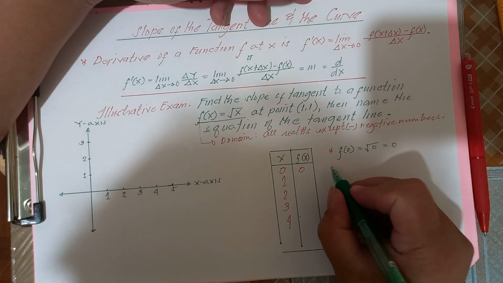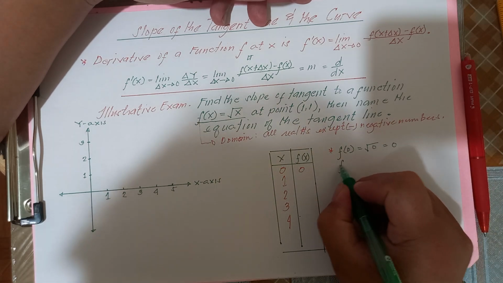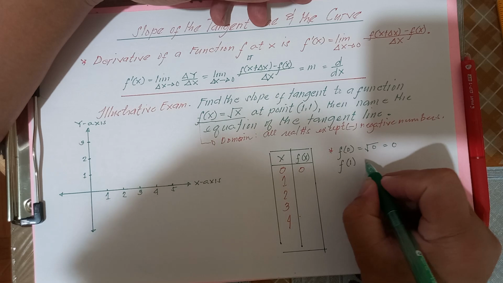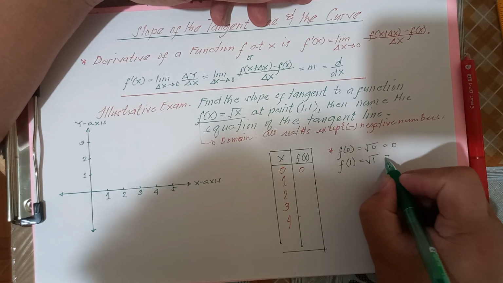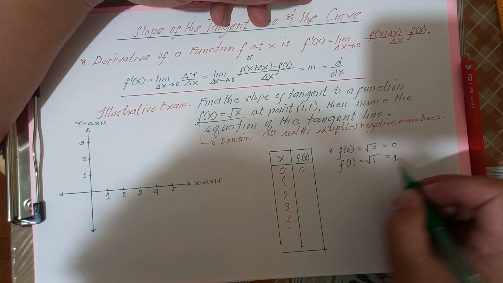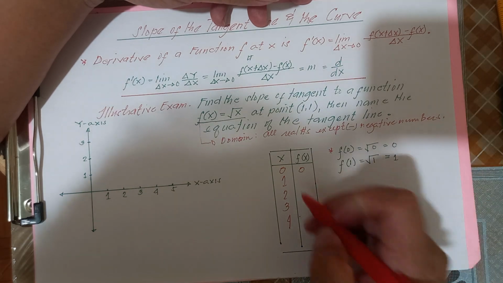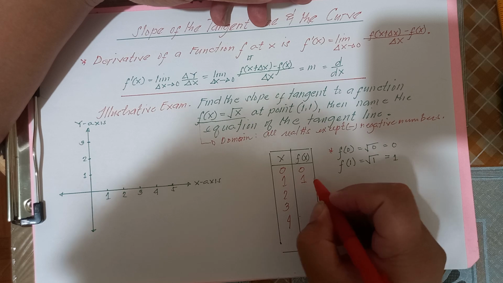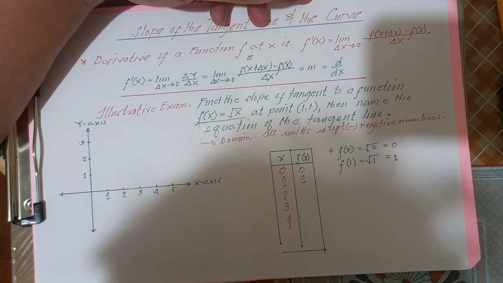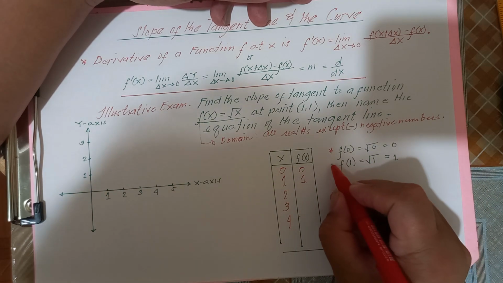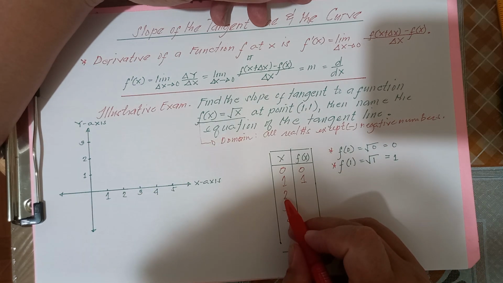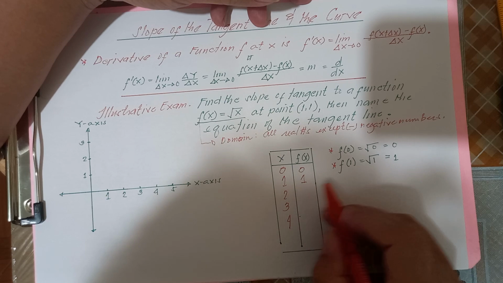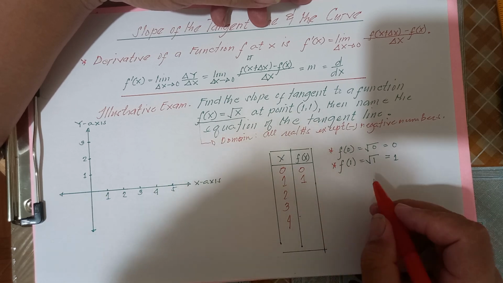Another one is when we have f of 1, which is equal to the square root of 1, which is the same as 1. Now let's continue. If our x is 2, then f of 2 is equal to the square root of 2.